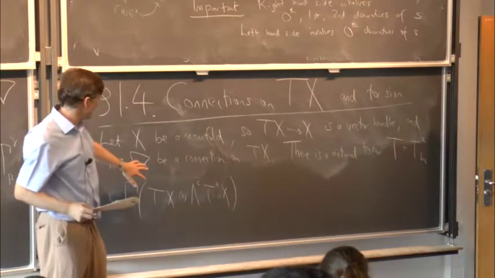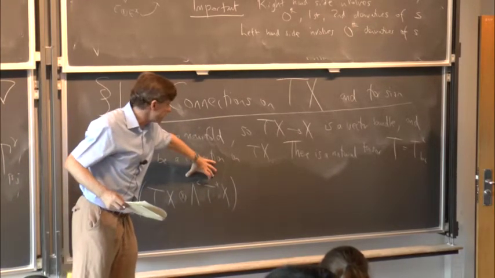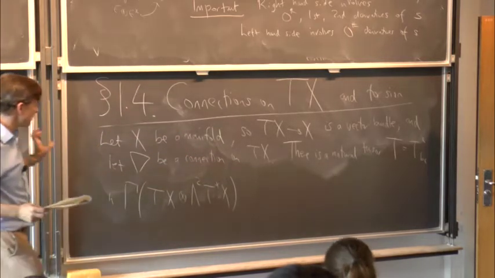So it's antisymmetric in the lower two indices. T^A_BC is minus T^A_CB.